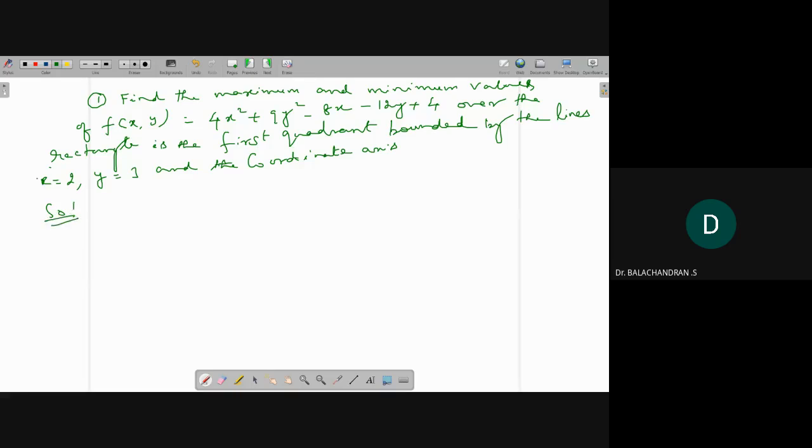Solution. This is x. So x is equal to 2, y equal to 3.